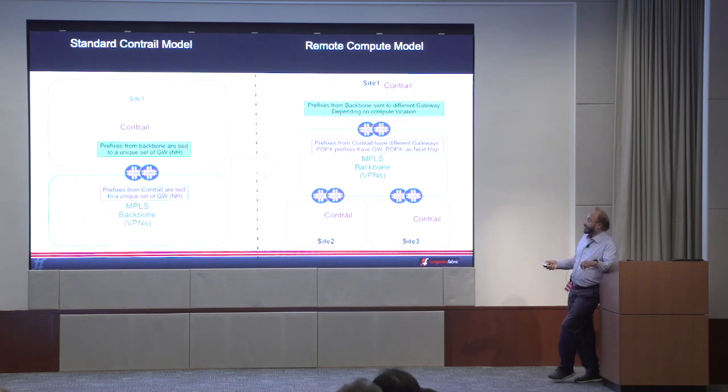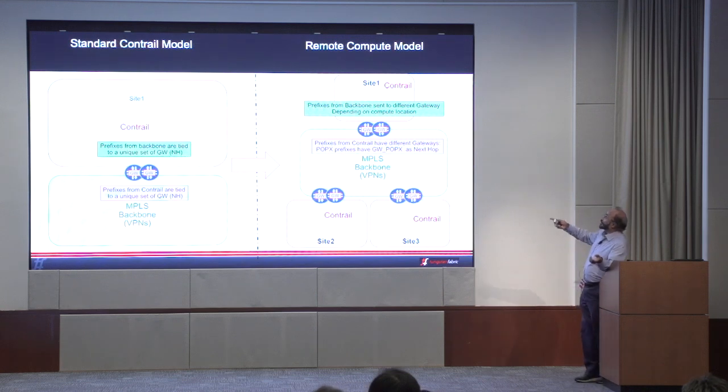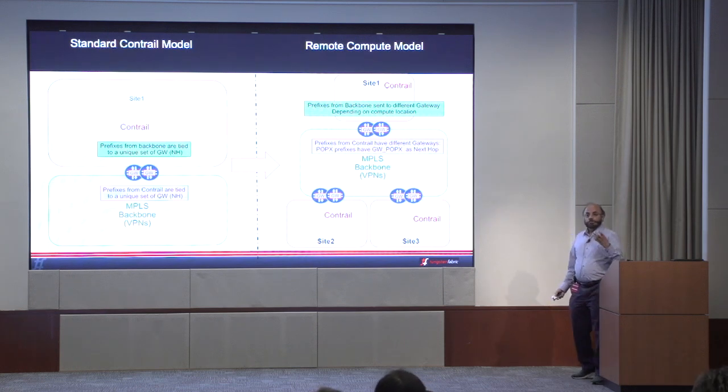On the left-hand side, we take the prefixes coming from the MPLS backbone and map them to the workloads in the Contrail world, and the reverse is true. However, with the distributed or remote compute model, we have created multiple prefixes depending upon where the compute lives.